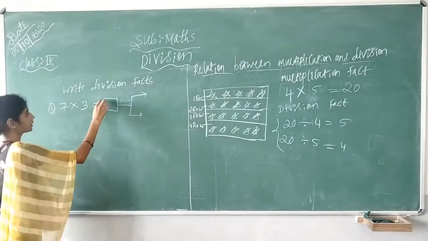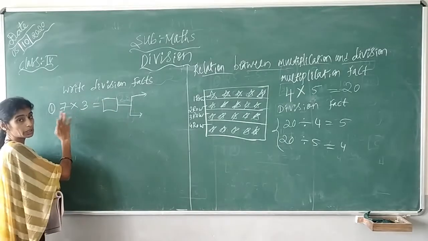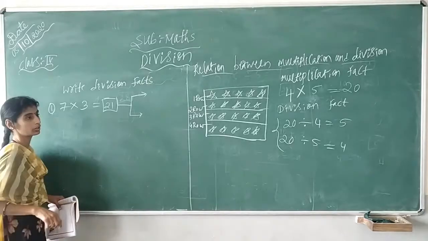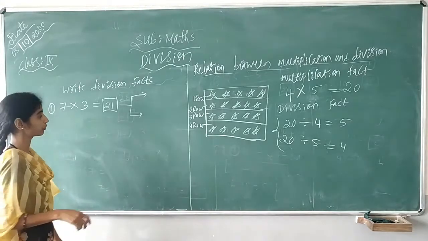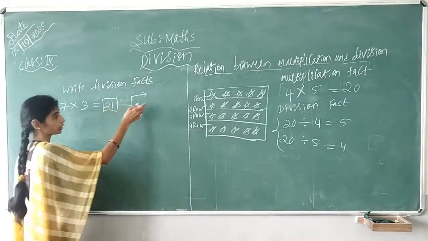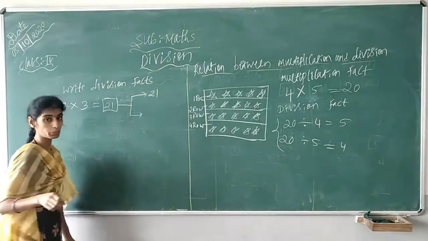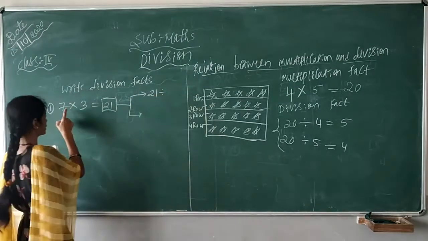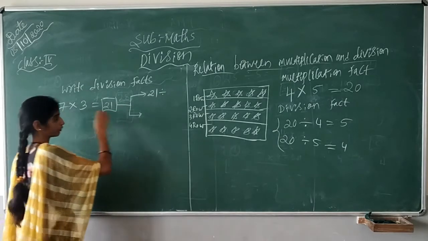Before we do that, you should know the multiplication. So you all know 7 threes are 21. Now how to write the division fact? Yes, you have to take the product first. Then divide by the first number. What is the first number? It is 7.